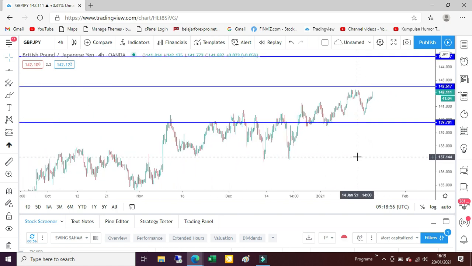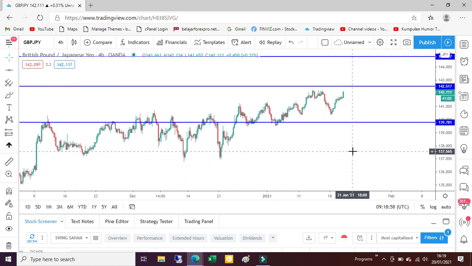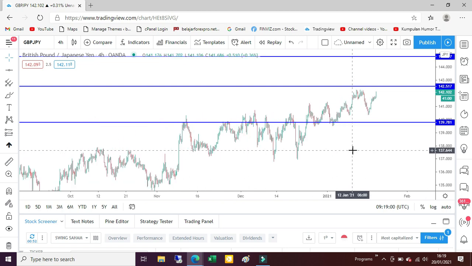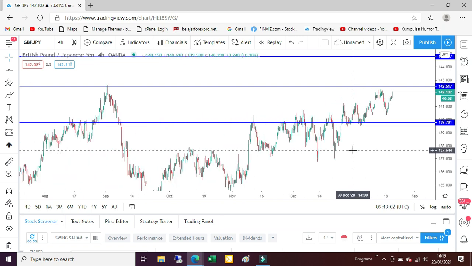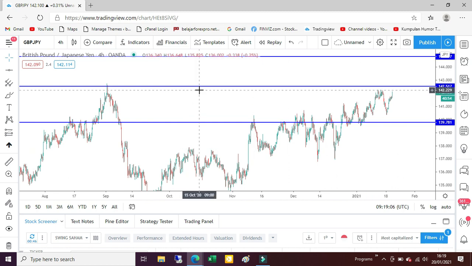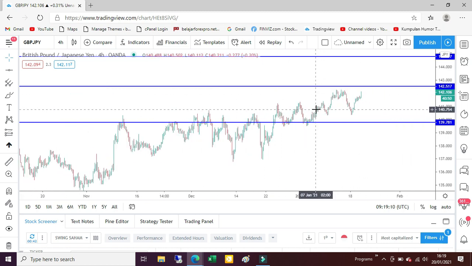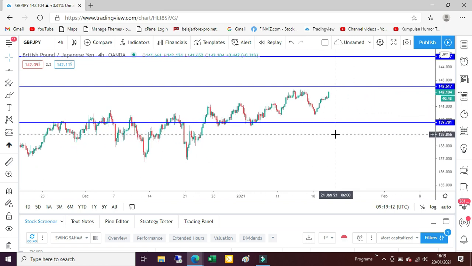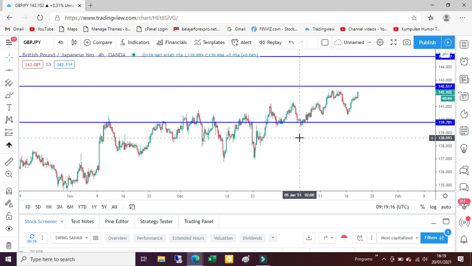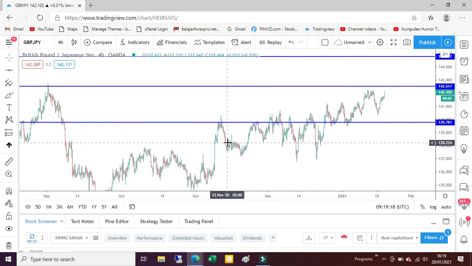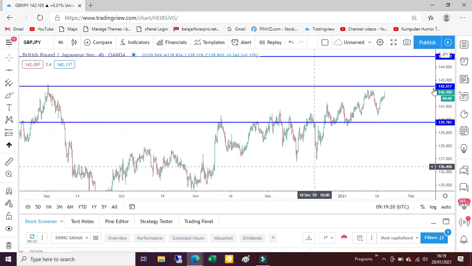See, on H4 based on this resistance line, we can get entry here, but be careful because the trend is up.